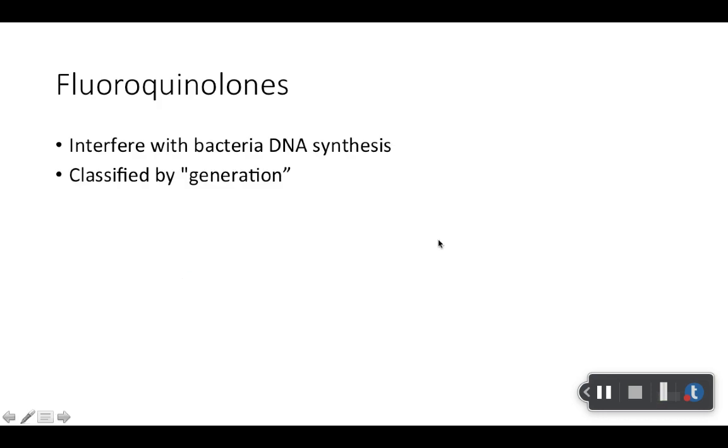Sometimes people will just refer to them as Cipro, ciprofloxacin. Moxie, they'll call it Moxie. Levofloxacin. I've heard all those, but hopefully it's an easier class to memorize because they're all pretty similar.